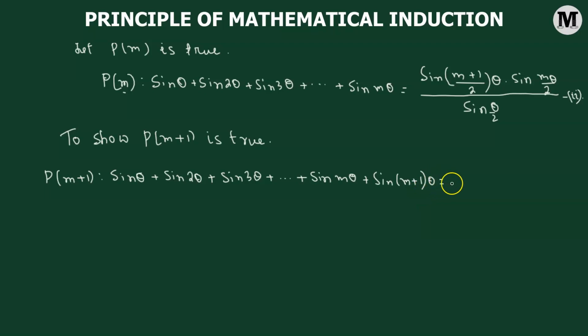Fine. And this is equal to sine of (m plus 2) divided by 2 of theta, multiplied by sine of (m plus 1) times theta divided by 2, whole divided by sine of theta over 2. So this is what we need to prove. Now how do we prove this?